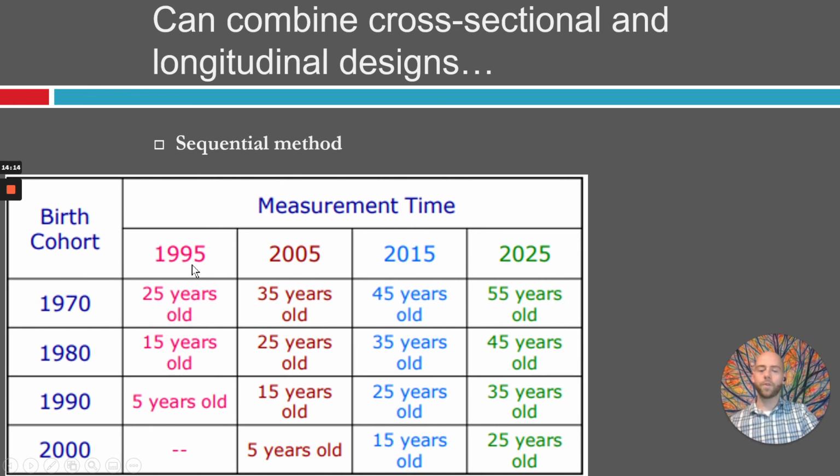But if you collect different birth cohorts and then follow all of those birth cohorts over time, then you are combining these designs and you're able to rule out some of those alternative explanations from the weaknesses of cross-sectional and longitudinal designs.